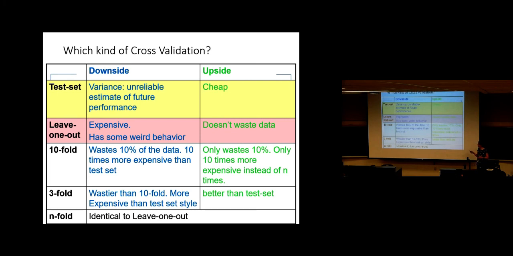And the n size is not very small, so you do 10 folds or 3 folds, and n folds is identical to leave-one-out. So do you pick 10 folds or 3 folds? If your data is super large, normally you don't need to do 10 folds.